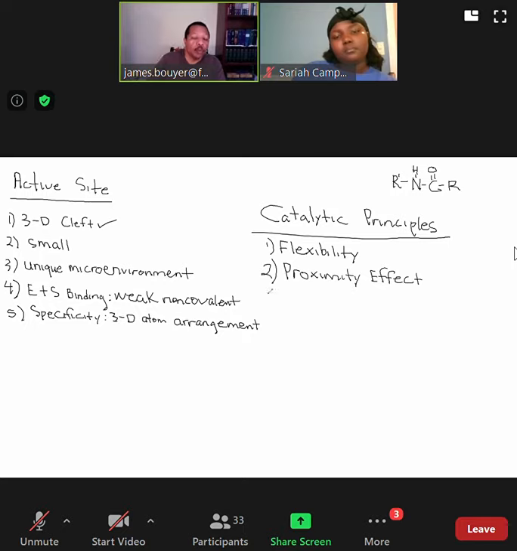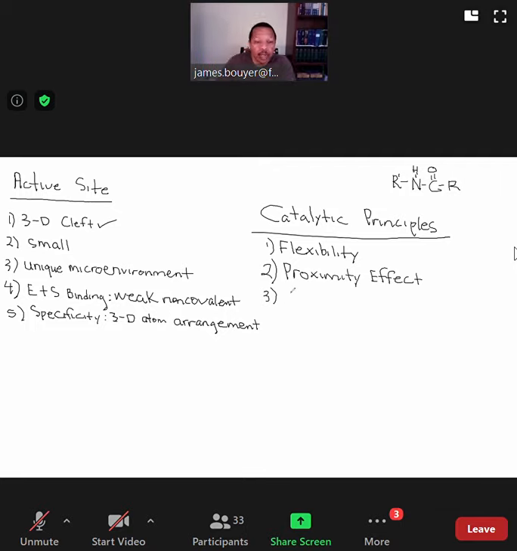Okay? We will also see that, again, with this unique microenvironment where you have weak non-covalent interactions, we're going to see attractive forces that stabilize the substrate in the active site.